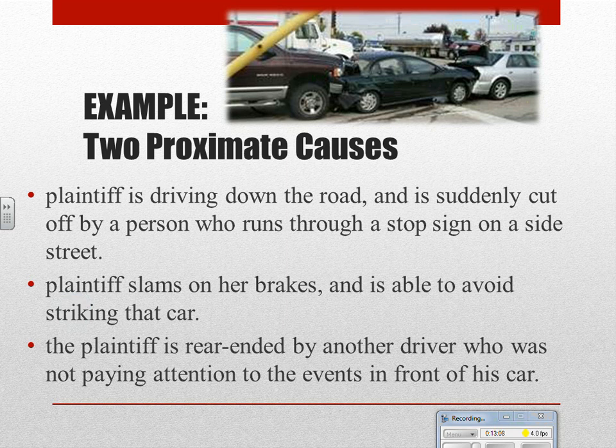We have a plaintiff driving down the road, and they are suddenly cut off by a person who is running through a stop sign on a side street.